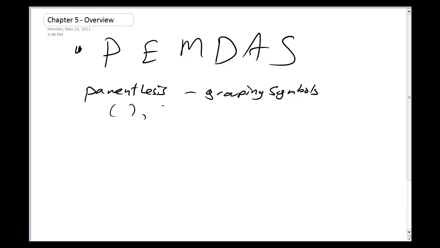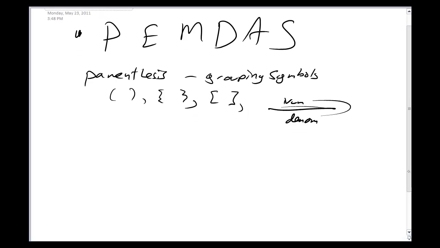You can have parentheses, braces, brackets, anything you like. You can even have the fraction bar, the numerator and denominator of a fraction. The fraction bar also separates things into a top and bottom, left and right sort of deal. So you do all the stuff inside those parts first.